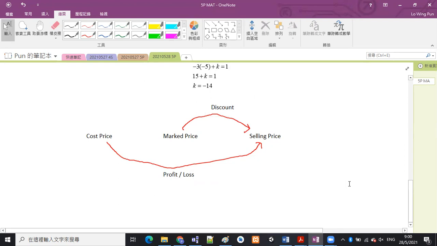So when you see this type of keyword, discount amount or discount percentage, you should immediately think of the relationship between the mark price and the selling price. Did you write it down on your revision notes, on page 3? Yes.